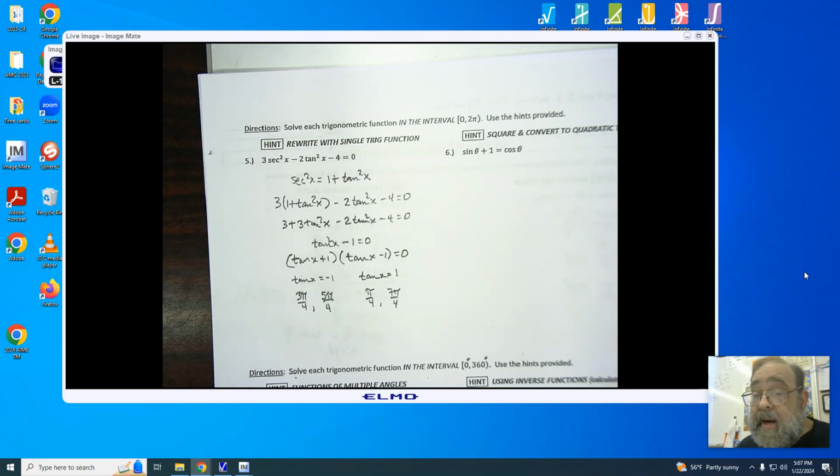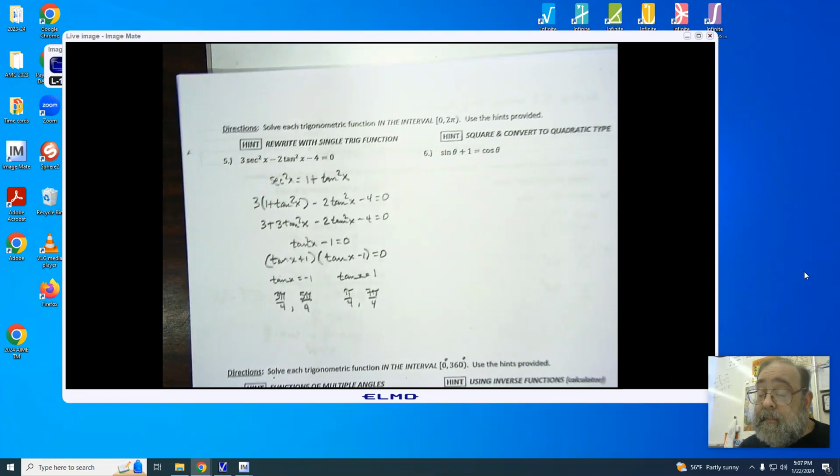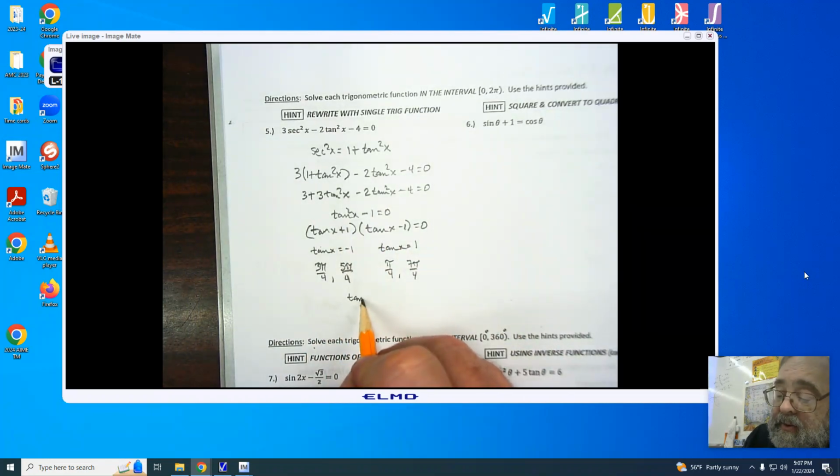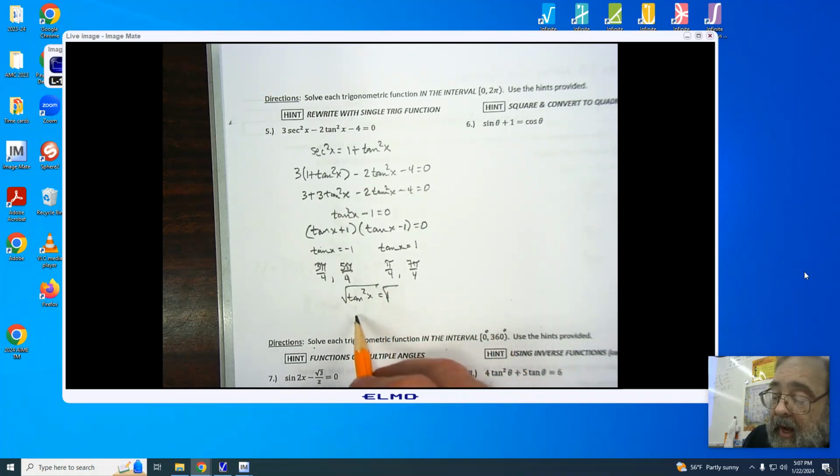And no matter how many times you see it, if you do not learn your identities, you do not learn your ratios, it's not going to matter. Now the second option is right here, where I take my tangent squared of x equaling 1. I take the square root. I then get the absolute value of tangent of x equals 1.